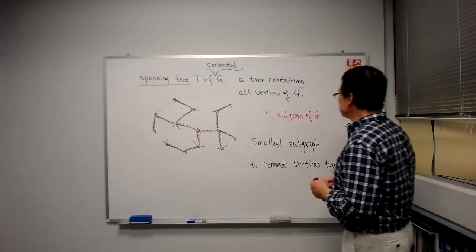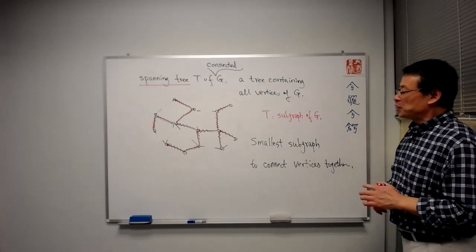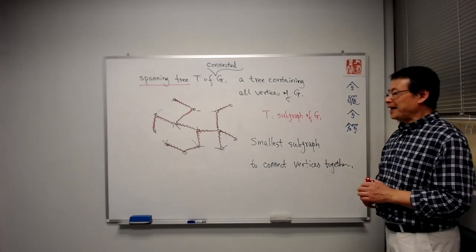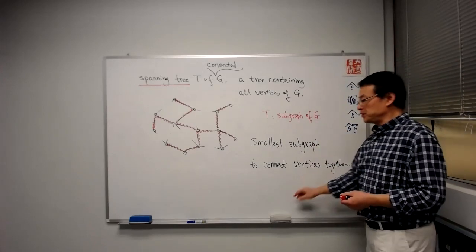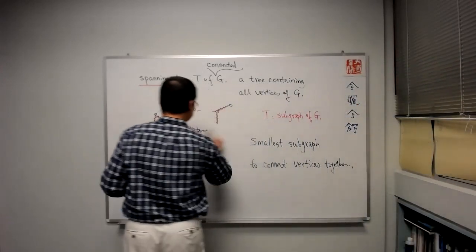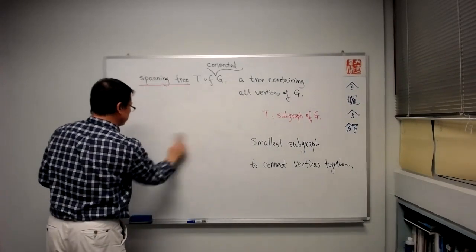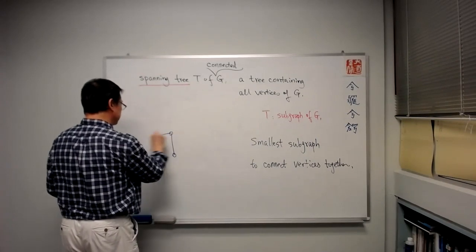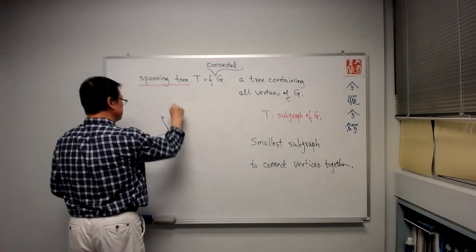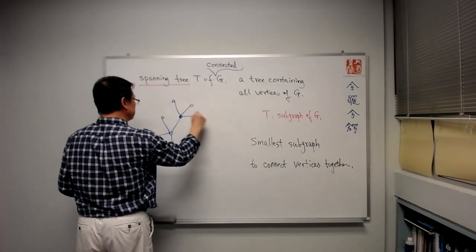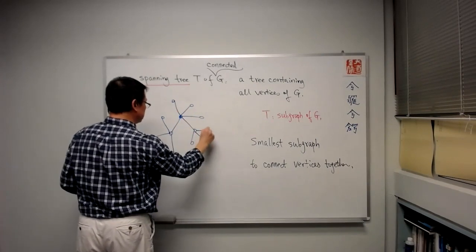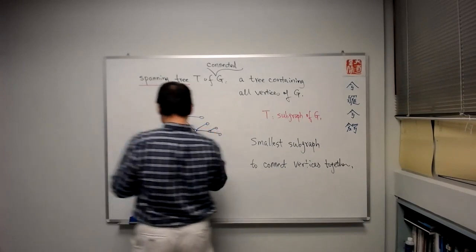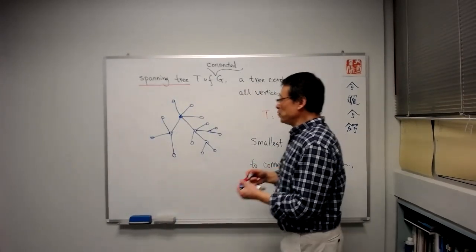One more thing about trees is that a tree has a special property: a certain number of vertices are leaves. If we look at the tree we saw earlier, you see some special vertices, the vertices of degree 1.